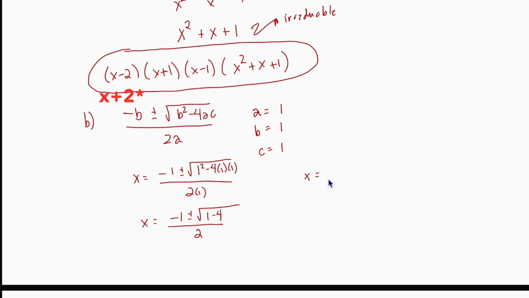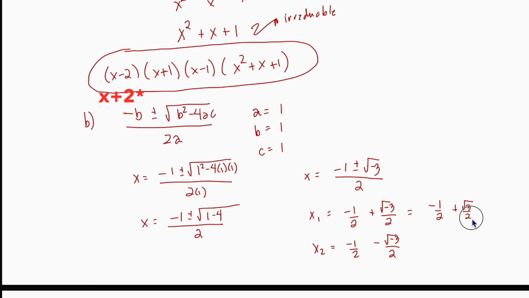Or that is now equal to negative 1 plus or minus the square root of negative 3 over 2. So, ano yung isa? We have negative 1 half plus square root of negative 3 over 2. At yung pangalawa naman, negative 1 half minus square root of negative 3 over 2. Or that is, in terms of i, negative 1 half plus square root of 3 over 2i and negative 1 half minus square root of 3 over 2i.